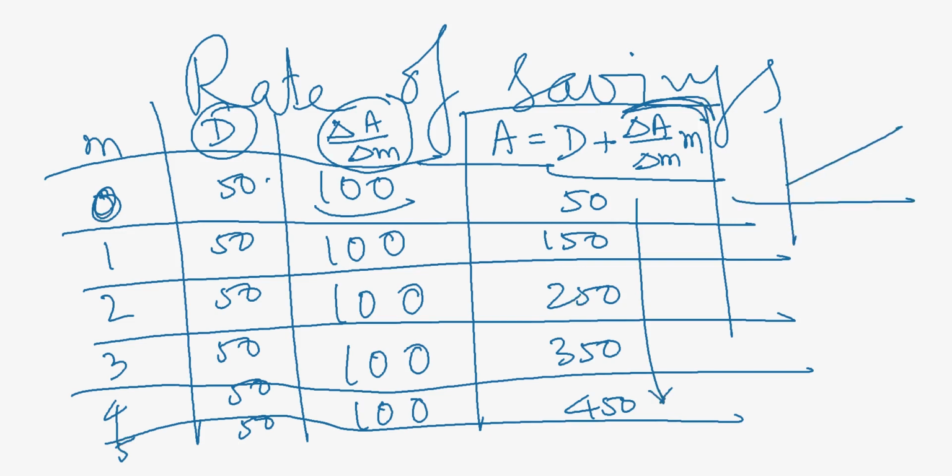Meaning, if you make a straight line, this point will be our 50, and you take any difference. Either you take a difference here, this delta M to the delta A, this will also go to a variation of 100. This also will give you rupees 100 per month. Or you can take even a bigger one. It's also okay. We get that.